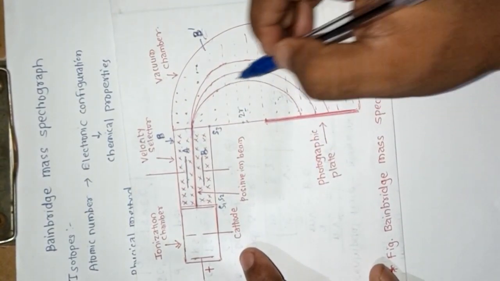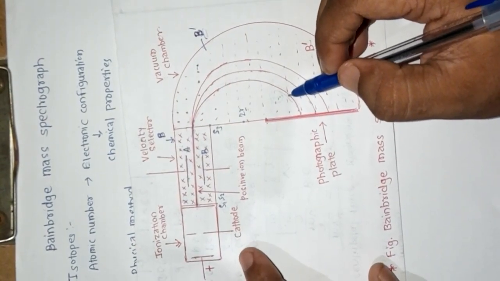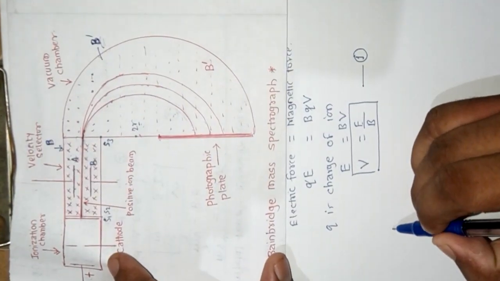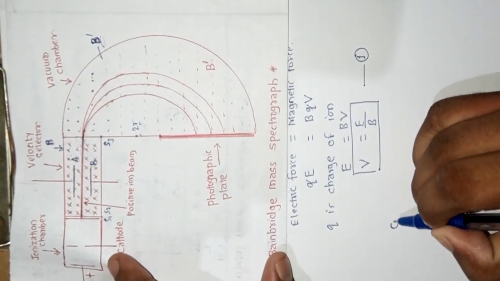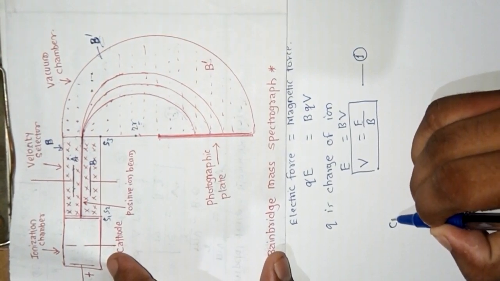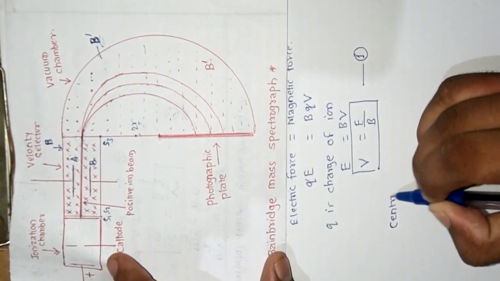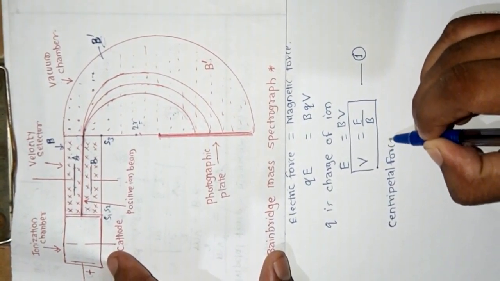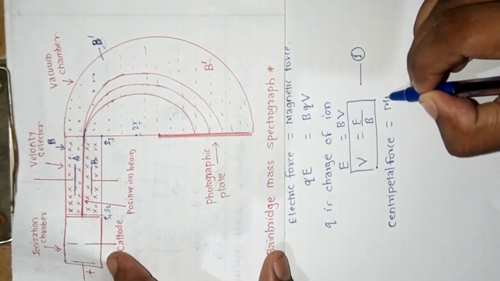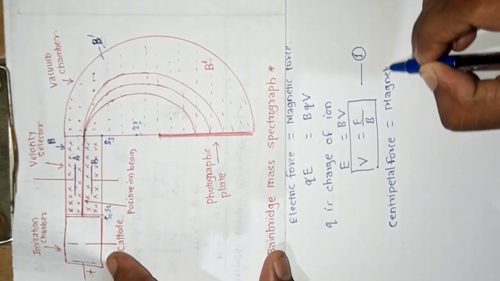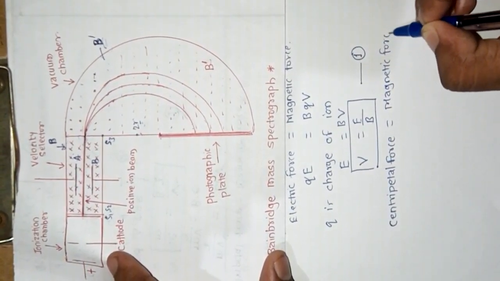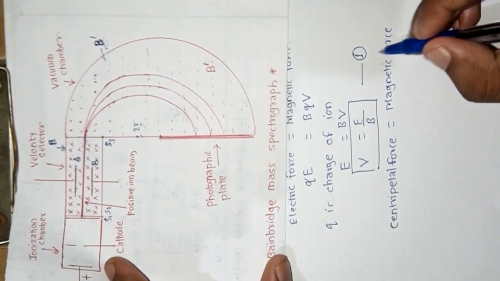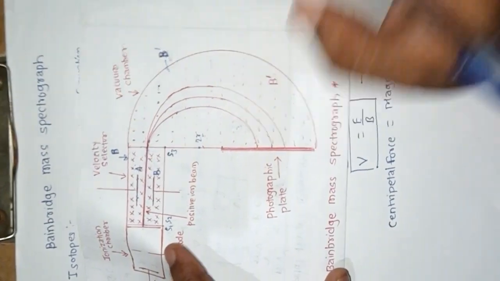So circular path corresponds to a centripetal force. So in this case, centripetal force is equal to magnetic force. This is due to the semicircular path, and magnetic force is due to the magnetic field B dash.